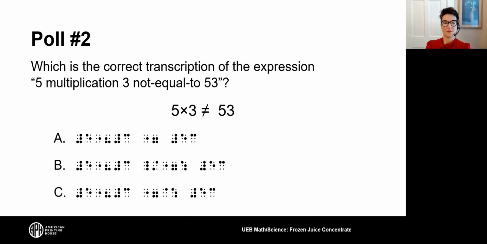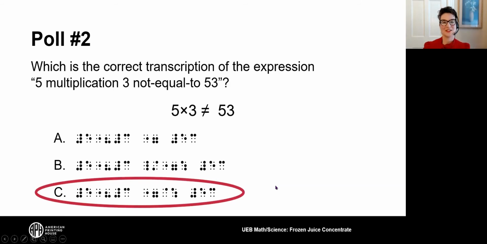And answer choice B shows a slash and then the equal and just dots 1, 5, 6, which here probably would be misread as the line over previous item indicator, which we're going to look at. And while we're here, can I please just highlight that, come back. There we go. Answer choice C is correct.